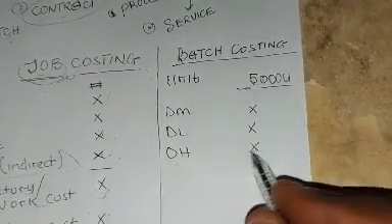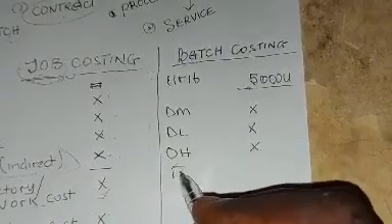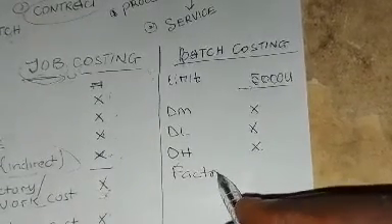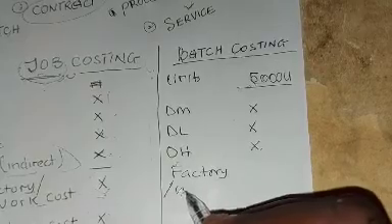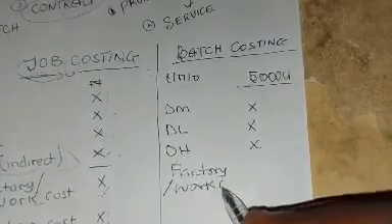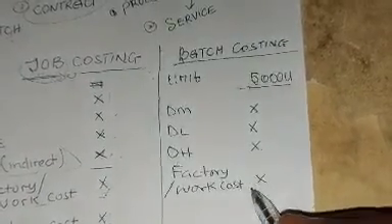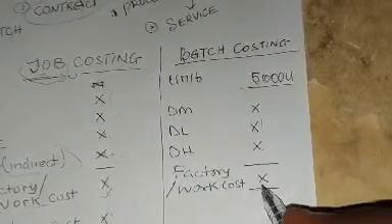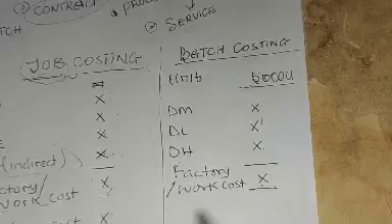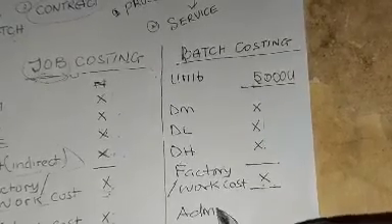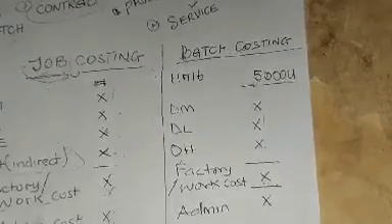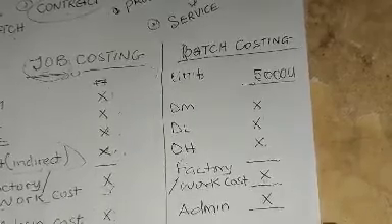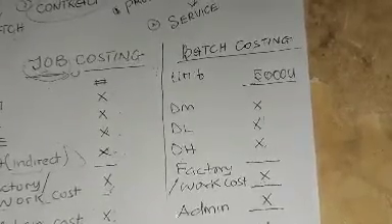From your overheads, we have factory or work costs. When you add this, it will give you your work cost. Then if you have admin costs, you add them, and this will give you your cost of production.